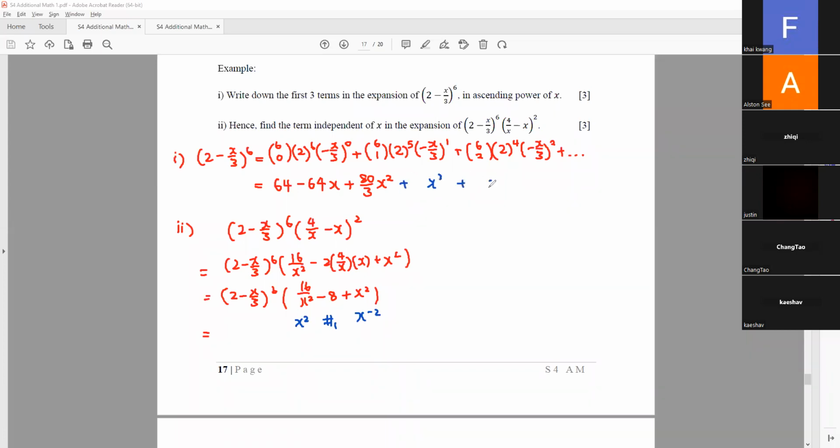The next one will be x to the power of 4. The next one will be x to the power of 5 until x to the power of 6. So you can see that actually this is useless. I do not need to put all this inside here. So what we do is typically we write what is needed only. So instead of me writing the 7 terms here, I just write down 64 minus 64x plus 80 over 3 x squared. Of course, there are still terms, but I don't write.